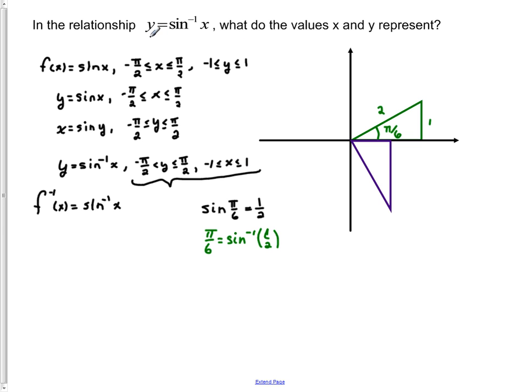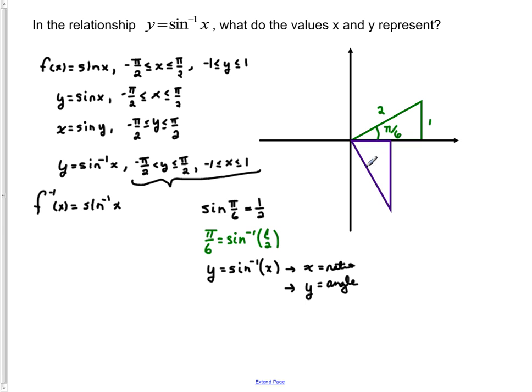So when we write this relationship, y is equal to the inverse sine of the number 1/2, or radical 3 over 2, you pick one, we mean that x, our ratio from the right triangle, corresponds to the value, and of course y has to be the angle. So x is the ratio, y is the angle that goes with that right triangle.